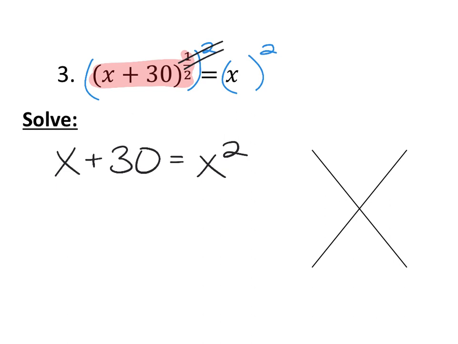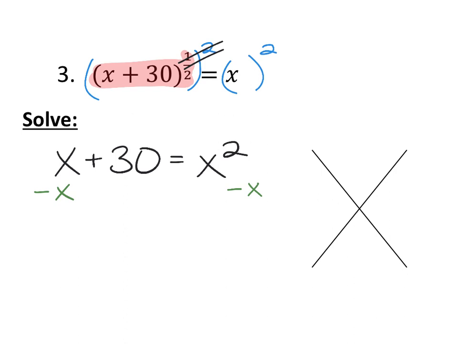Now here's where your math spidey senses should be going off, because we just squared an x value, which means now we have a quadratic. The way we solve quadratics is with factoring, but we have to set it equal to 0 for that to happen. In this problem, we're actually going to move the x and the 30 to the right side instead of moving the x squared to the left side, because I don't want the negative to be on the x squared.